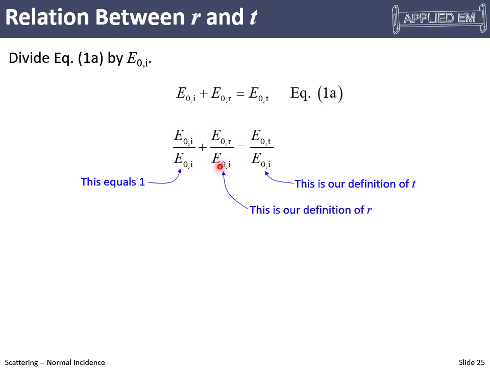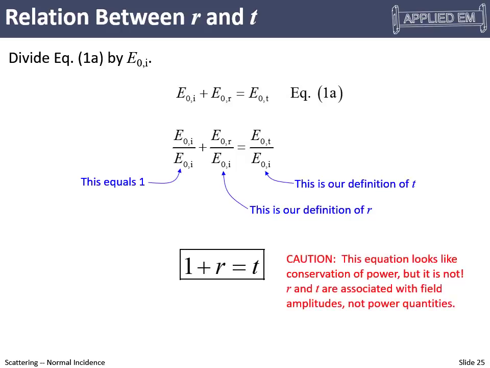This term becomes our definition of the reflection coefficient, and this term becomes our definition of the transmission coefficient. So we can replace all three, and we just have 1 plus R equals T. And so that's a very simple equation relating R and T. So if we calculate one of those, this is probably the easier equation to use to calculate the other one.